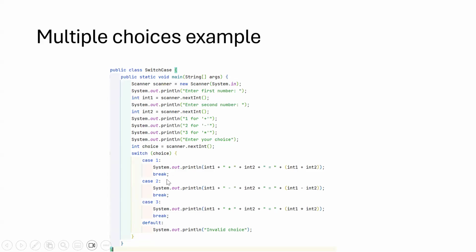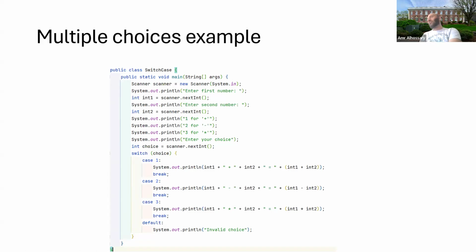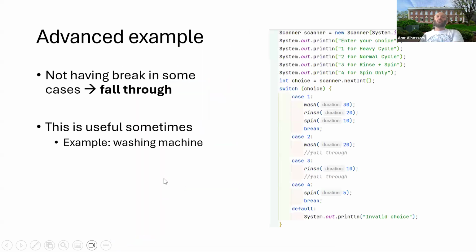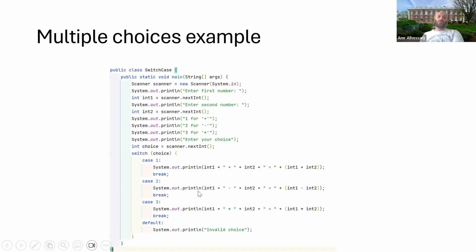It will give you a hint on the way the if statement construct works and the switch case construct works. Break is important, and without it, what we call fall through happens. Fall through means you finish what you have in this option and fall through to the next one.